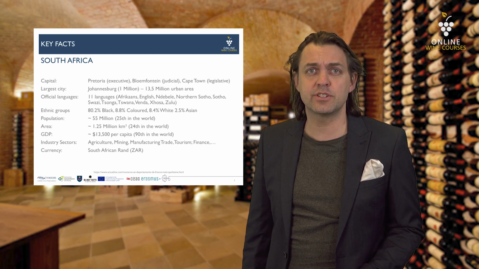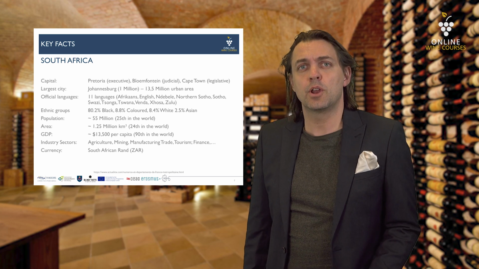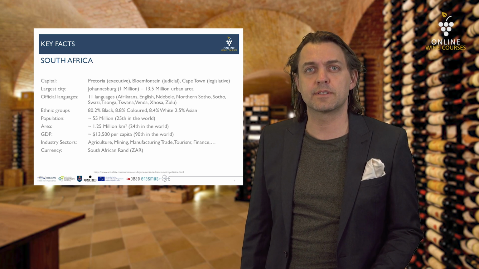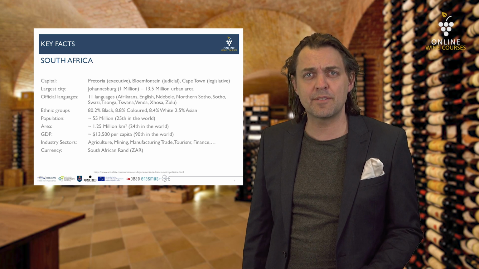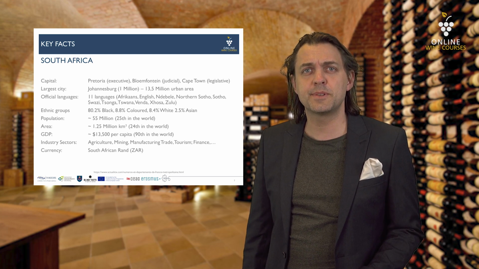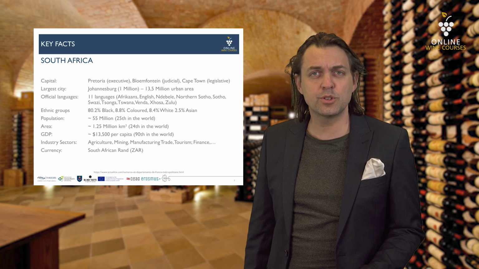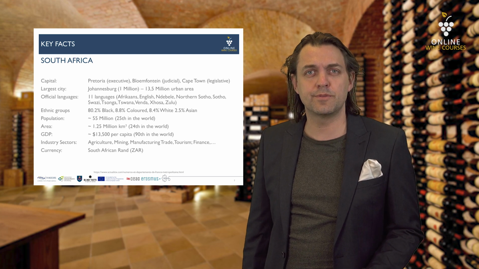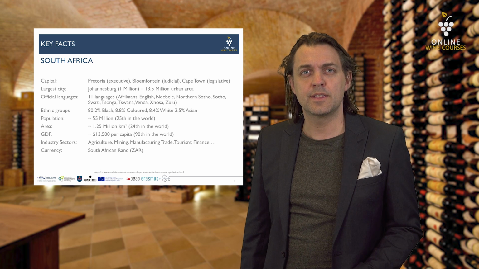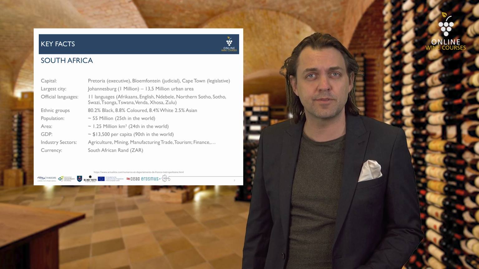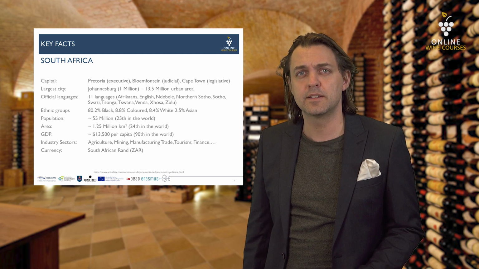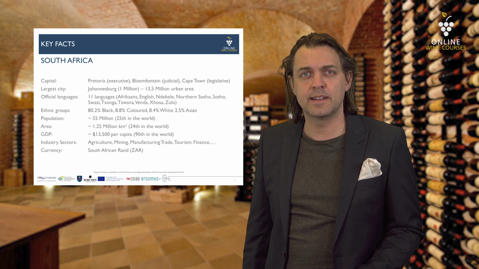The largest city is Johannesburg, which is located more on the eastern part of South Africa. What you also see is there are different languages as well, up to 11 different languages, whereby the specific one is Afrikaans, which from a historical point of view is what a lot of the former Dutch immigrants or travelers, if you like, settlers, speak nowadays.